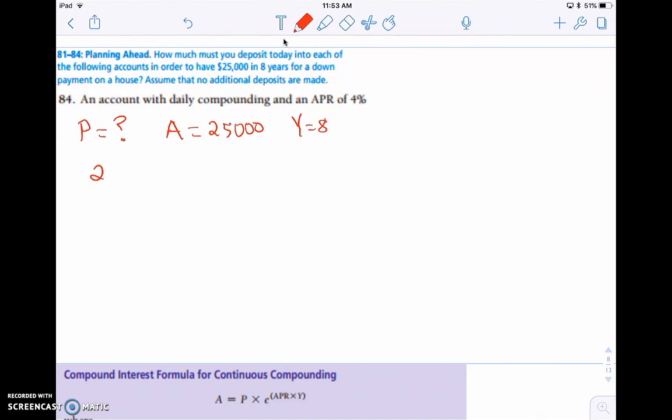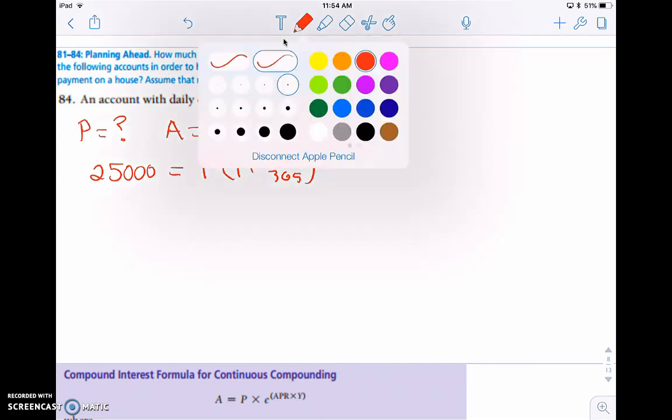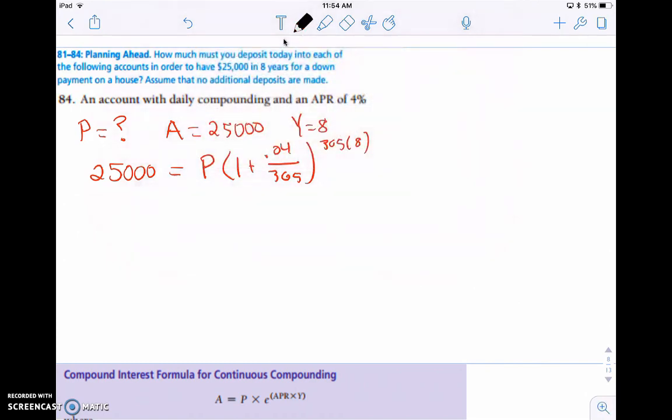We're still going to use the same formula, but this time the amount is $25,000 equals the principal, which we do not know, times 1 plus the APR of 0.04, daily compounding again, over 365, raised to the 365 times 8 years. And we need to solve this equation for P.